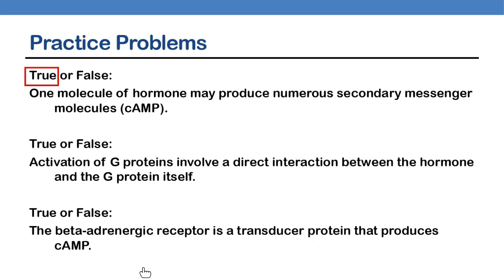I don't know if there's a ratio or not, because it's going to depend on how long the signal's on for. So how long is your G protein going to be activating that cyclase producing cAMP? I don't know how long that would be, but there's going to be a lot of cAMP produced per one hormone.